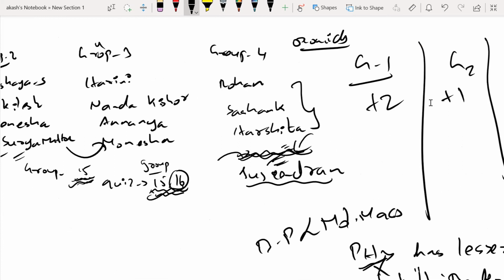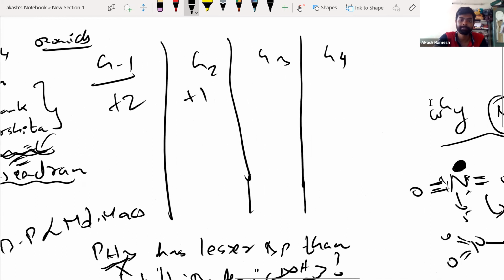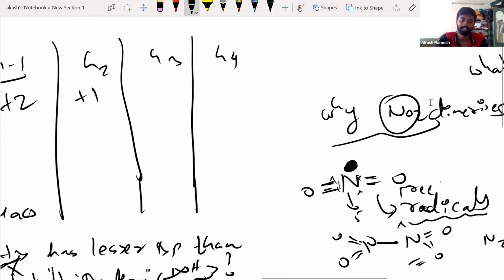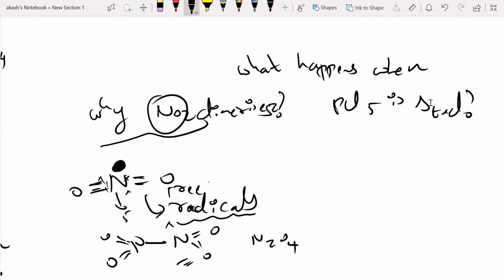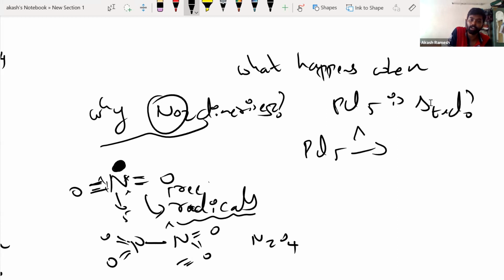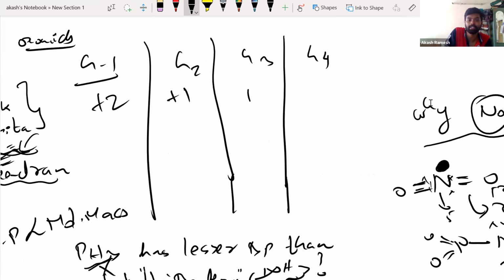Sir, does it decompose to PCl3 and Cl2? Yes, that's the answer. You should tell that it will decompose to form PCl3 and Cl2, and you must write the reaction. PCl5 on heating will give PCl3 and Cl2. Okay. Yes, correct. Group 3 gets +2.